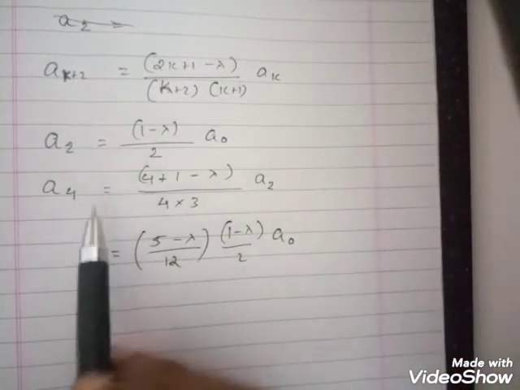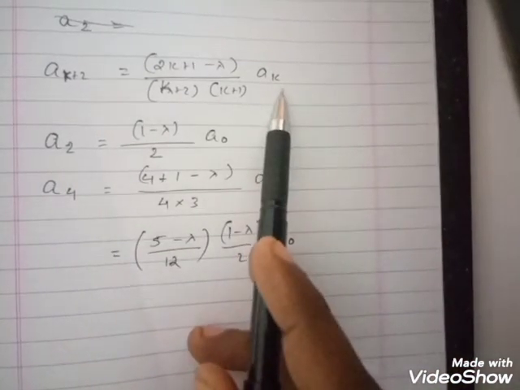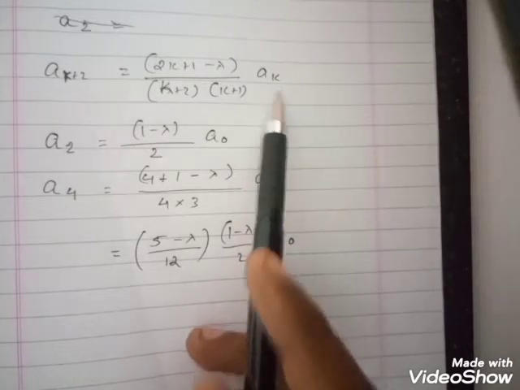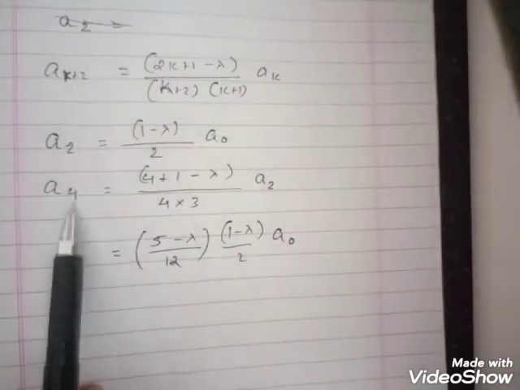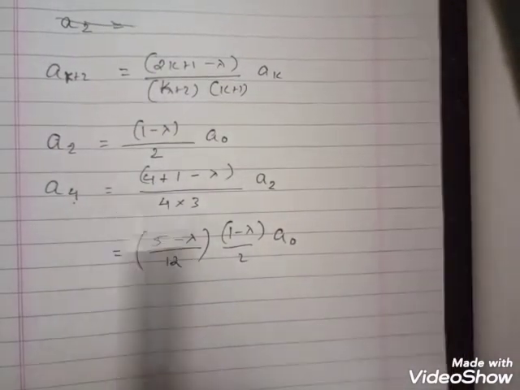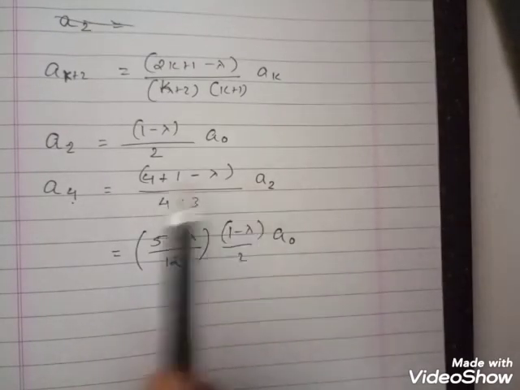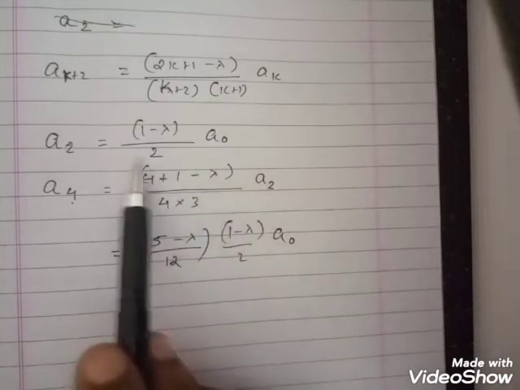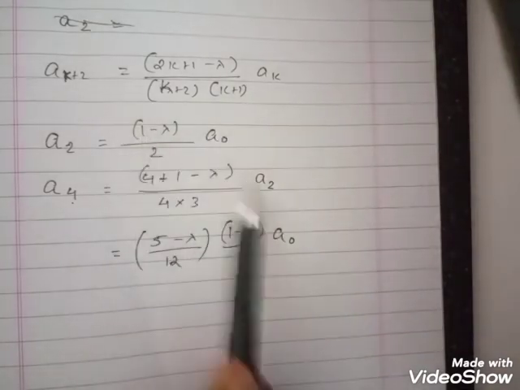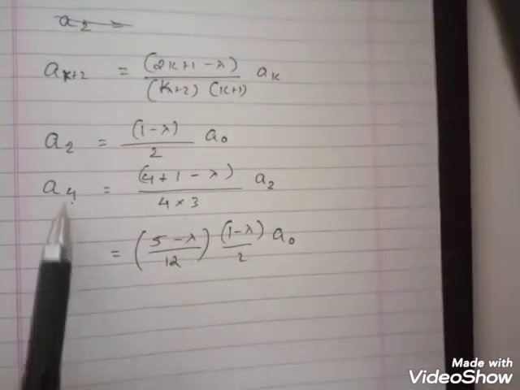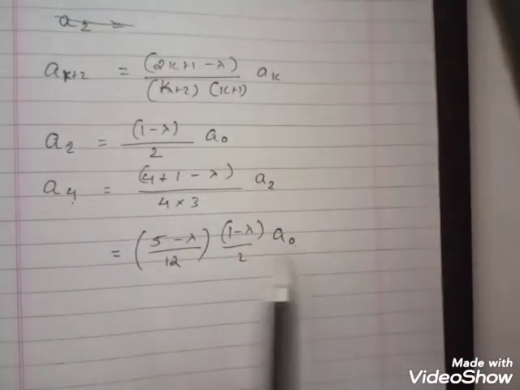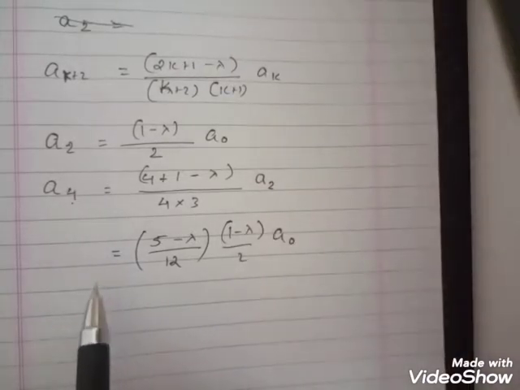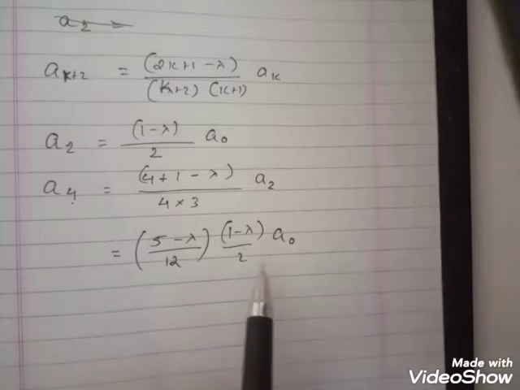Similarly, we can determine a4 by substituting k equals 2 in this equation. So here we will get a_{k+2}, which is a4, and now in this term we have a2, and a2 can be replaced using this equation. This term can substitute a2 here, and you will eventually get your a4 in terms of a0. So you can obtain the entire set of even coefficients in terms of a0.